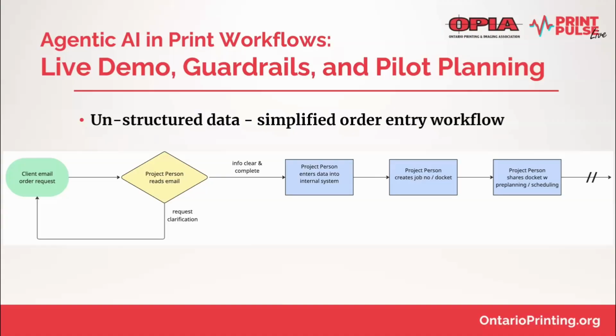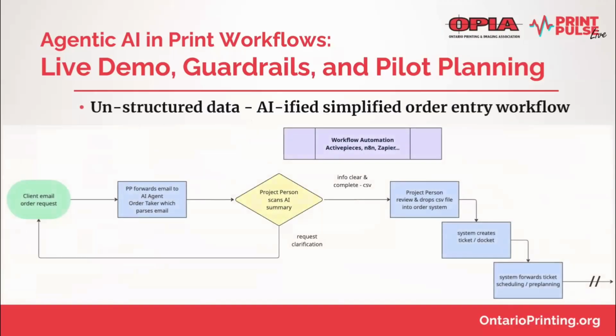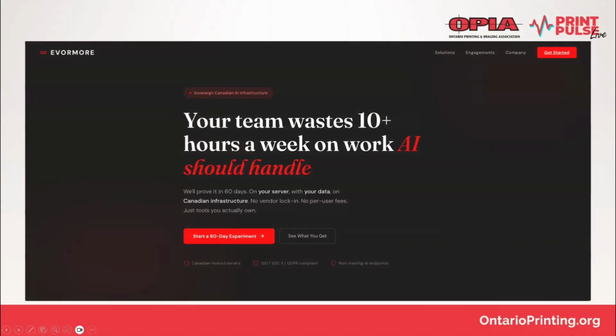Yeah, so there we were just at the simple workflow. We were talking to project person, email triage. And if we can flip to the next slide, what we're not doing in the demo today is the piece of software that would actually take that information and automatically drop it in. Right now you have the person as the gatekeeper, which is what you would want when you're first building up this level of expertise.